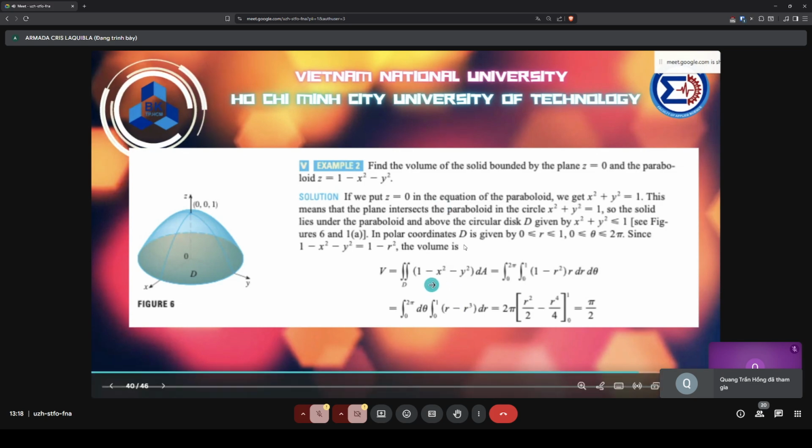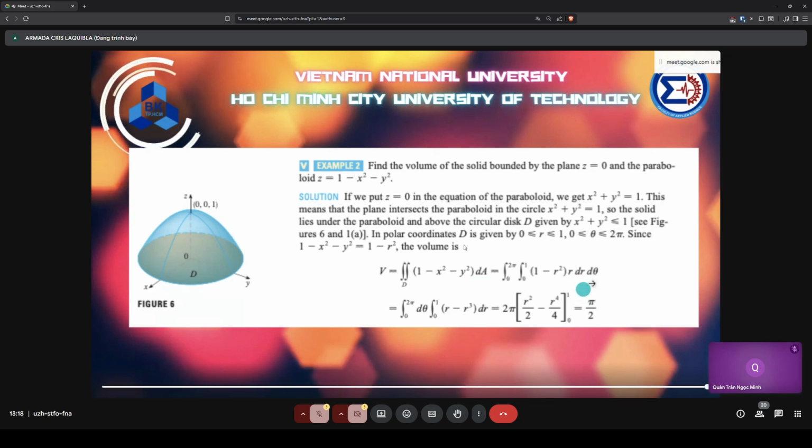And that's it. It's now 1 minus r squared. Your dA becomes r dr d theta. So as you can see here, there is no x and y anymore. So you can integrate that. Now for the r, it's from 0 to 1, which is this. And then theta is the last one there. So your last integral, or the outer integral, is from 0 to 2 pi.